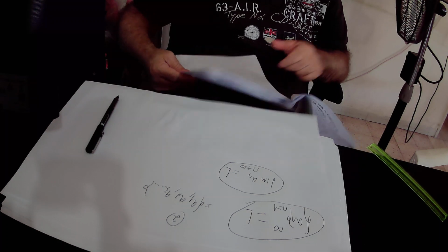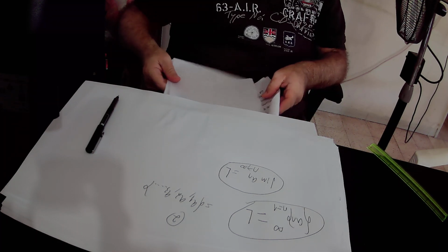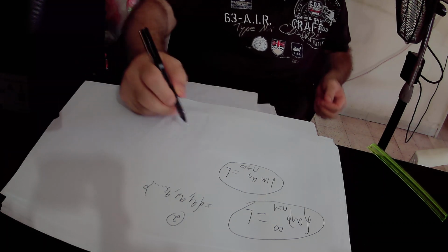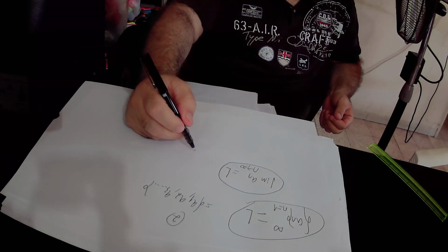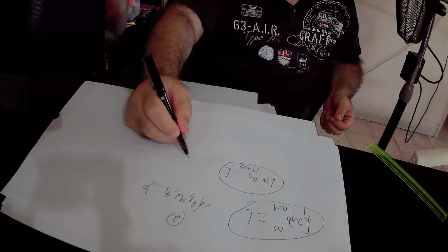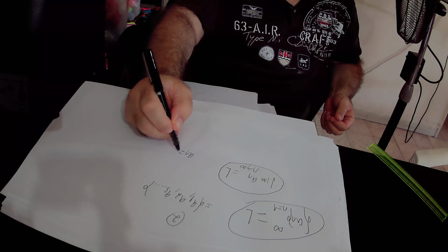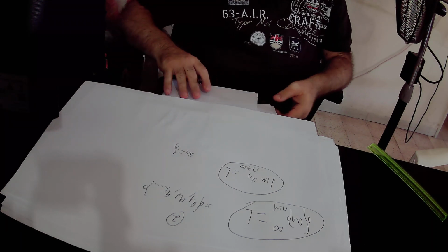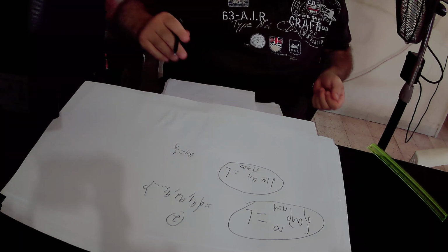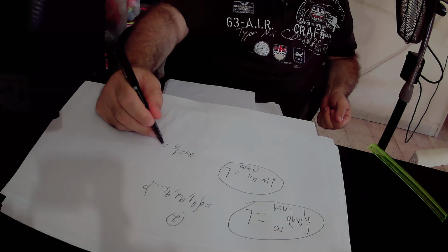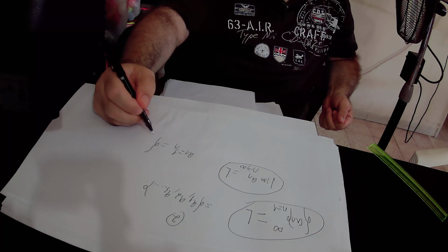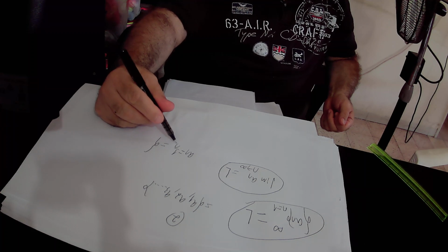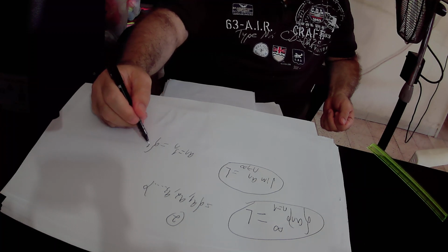So, for example, if we have the sequence an equals 1 over n, then we get the first member when n equals 1, so it is 1 over 1.